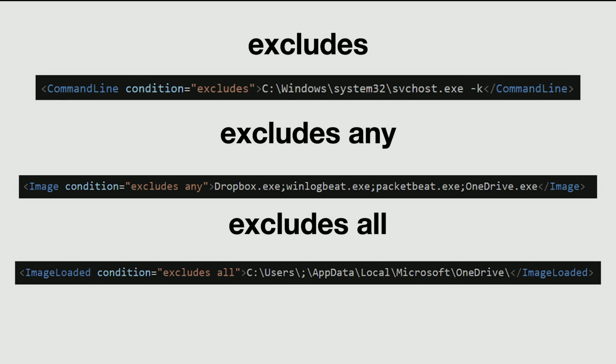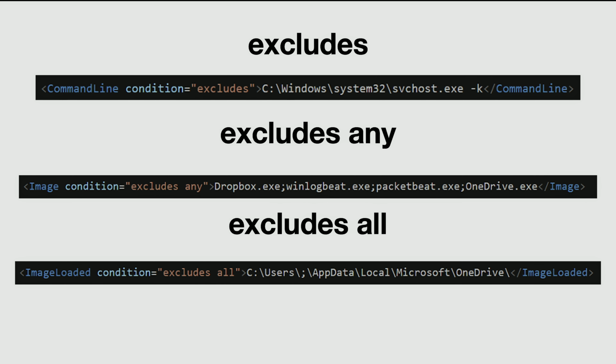Then we have excludes, which is going to be, hey, I want to exclude, and this behaves kind of like a wildcard. In the case of command line, Windows System32 svchost.exe /k. Also, I can do excludes any, and I can just specify, hey, anything that is Dropbox.exe, winlogbeat.exe, packetbeat.exe, OneDrive.exe.